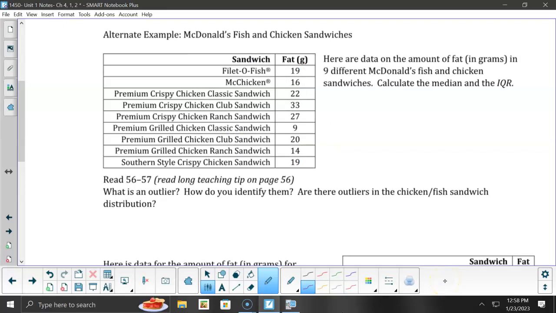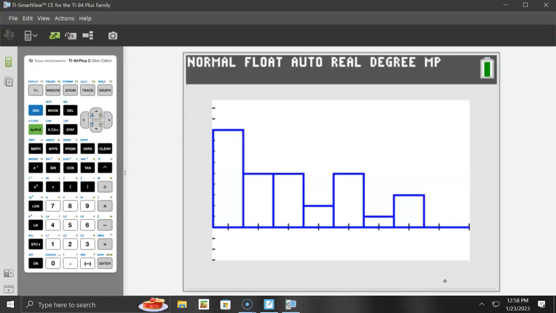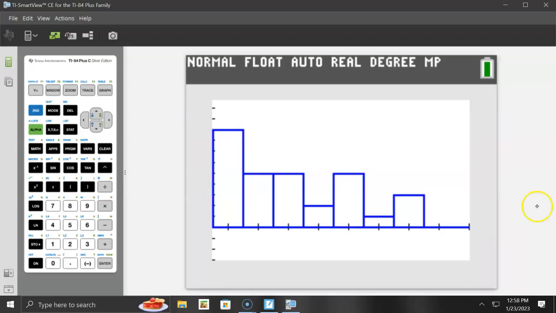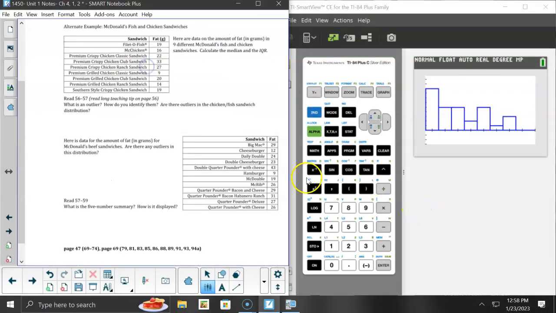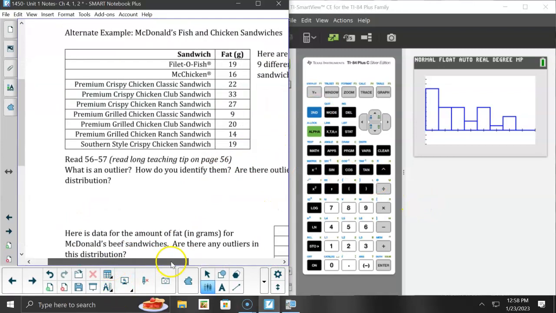Real quick, they give us 9 different data points, and I'm going to show you how we do a whole box and whisker plot and how we prove whether or not something's an outlier, but with only 9 data points.